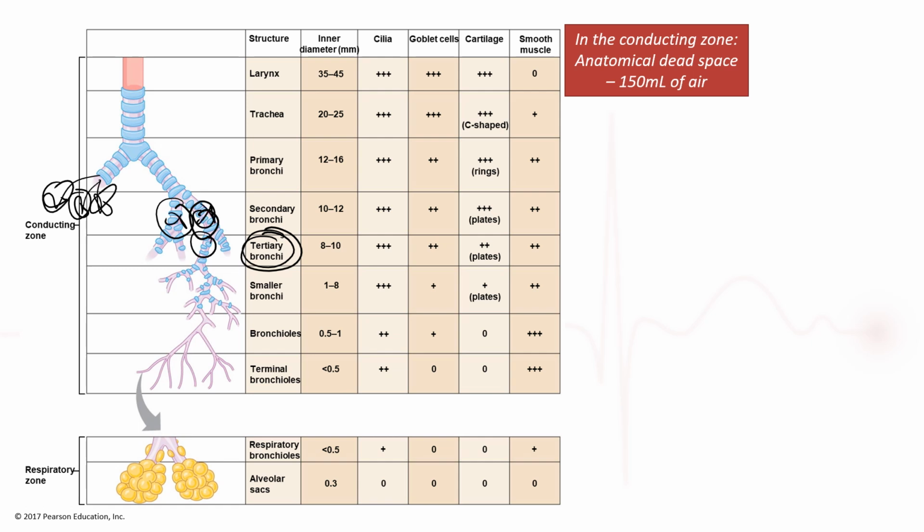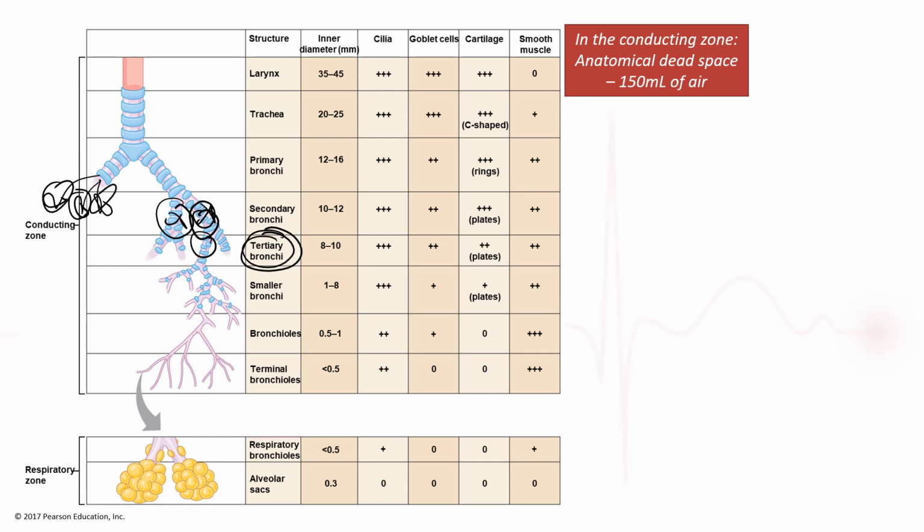So what does that tell us about the left lung? It tells us that there are approximately 10 tertiary bronchi.